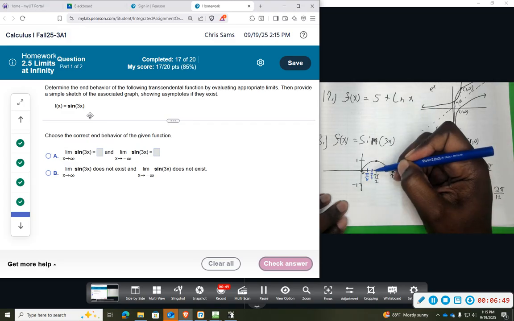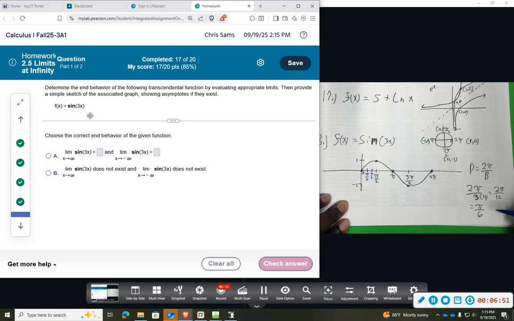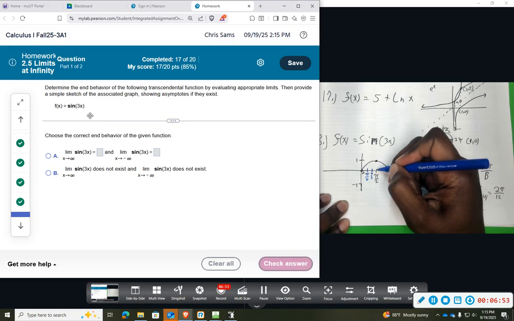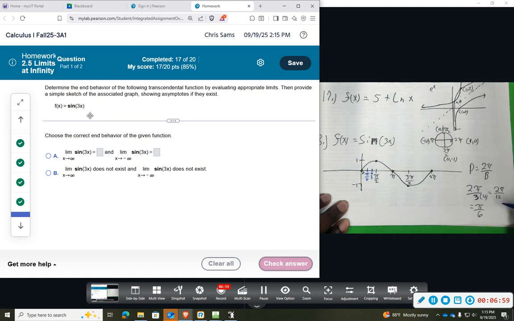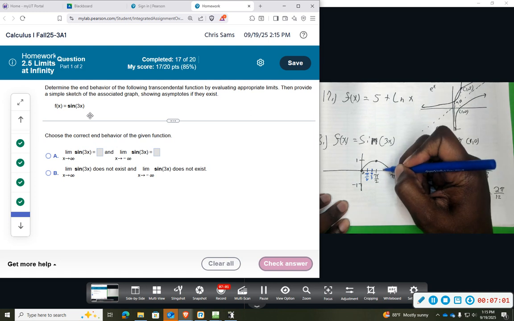And then 3 pi over 6 would be here. And then we have 4 pi over 6, which would be 3 pi over 2. No. 4 pi over 6 would be 2 pi over 3.